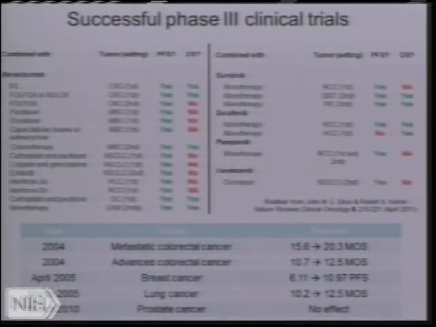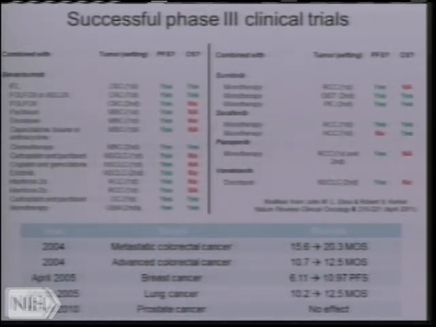There are a lot of them done with bevacizumab, either alone or in combination with all kinds of different chemotherapeutics. And as you can see, there is a number of clinical trials where there is a benefit in progression-free survival, but not in overall survival. So the take-home message for this slide is, yes, it helps sometimes in progression-free survival, but in a lot of cases, we don't see overall survival.